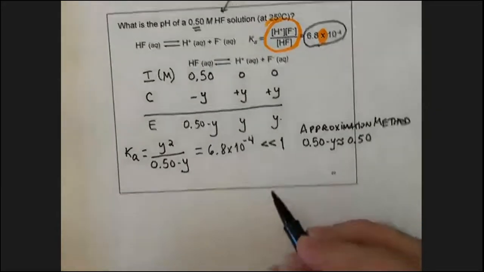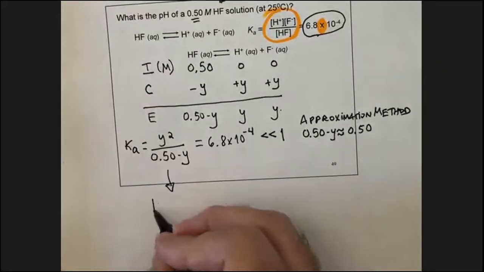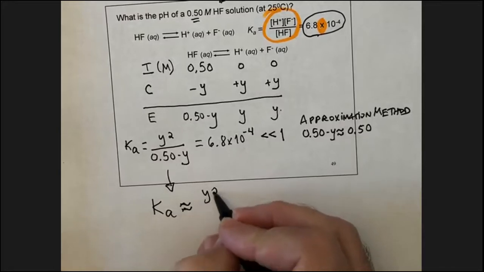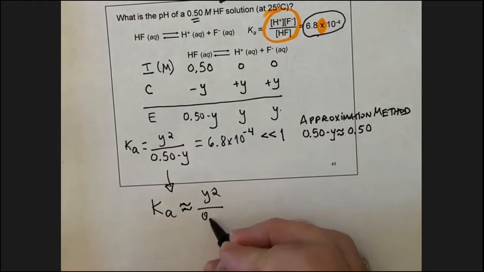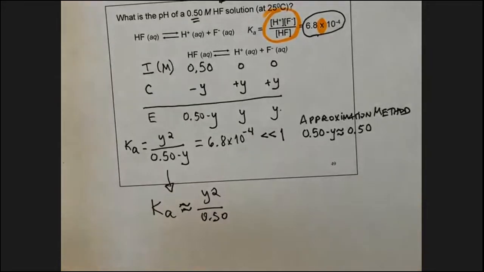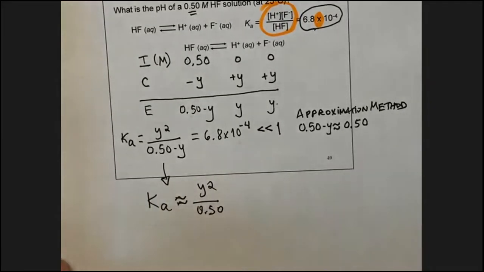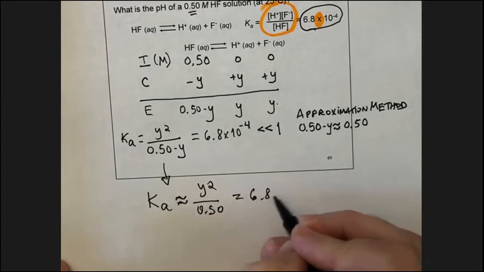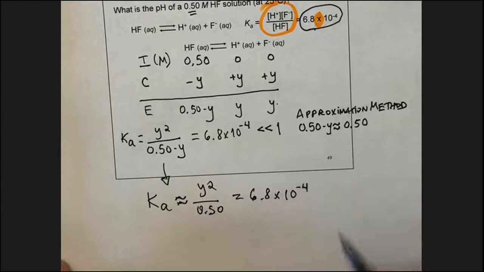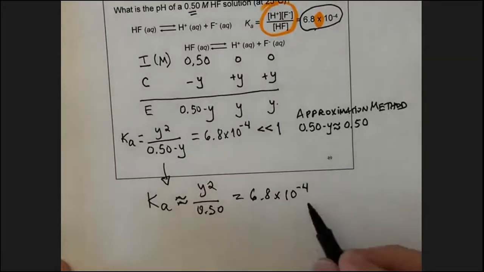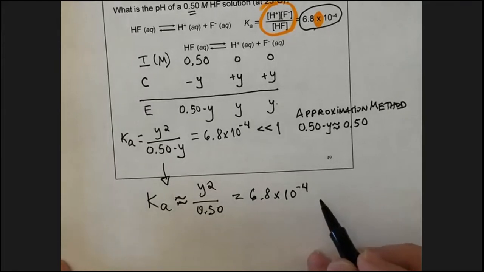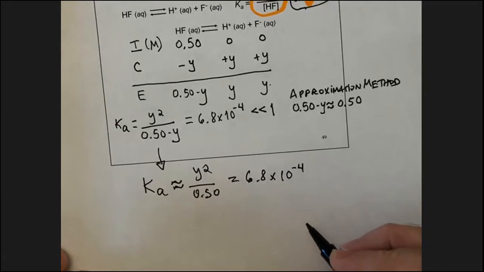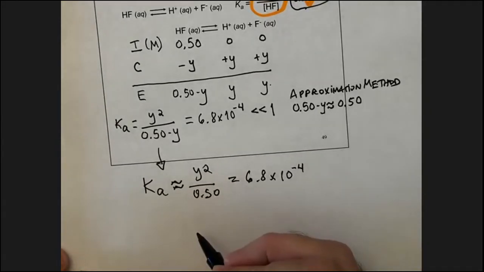So I can now change this equation into simply Ka equals approximately Y squared over 0.50, because this is approximately unchanged. And again, Ka is 6.8 times 10 to the minus 4. Don't forget that we don't put units on equilibrium constants, at least in the way we do things here. All right? Okay, so let's rearrange this and solve for Y.